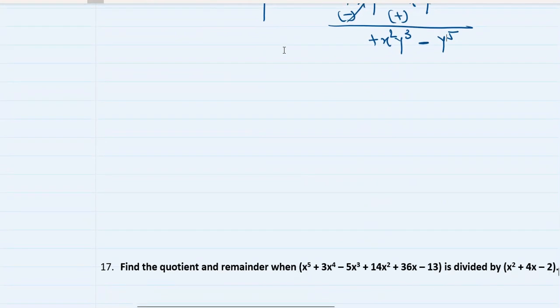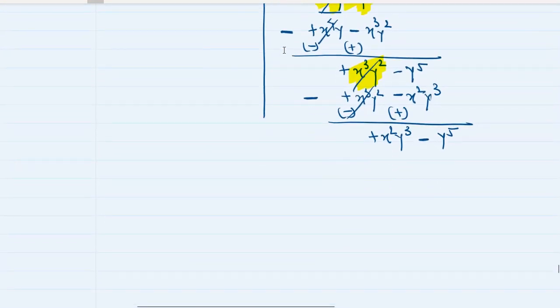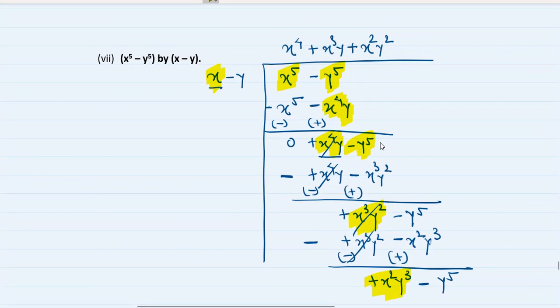Okay, we have some space, we can do this. Let's go. Now the first term of your dividend is plus x square y cube divided by the first term of the divisor, which is x, and you get plus xy cube.